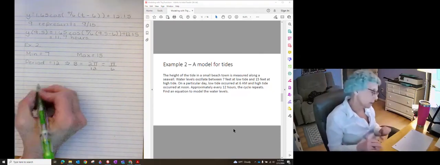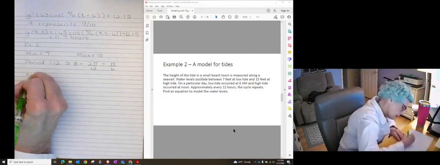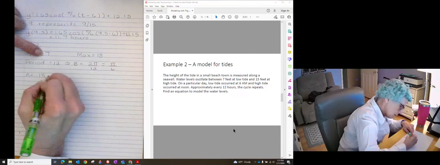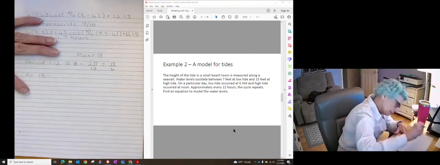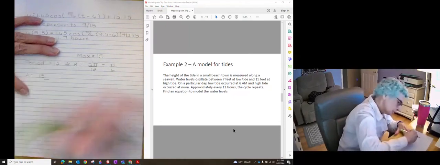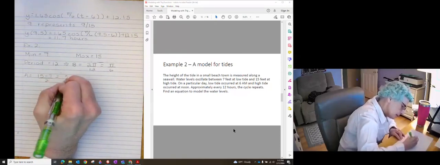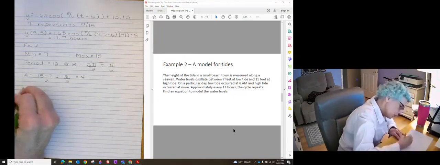So, A and D, again, are easy. A is max minus min divided by 2, which is 8 over 2, which is 4.